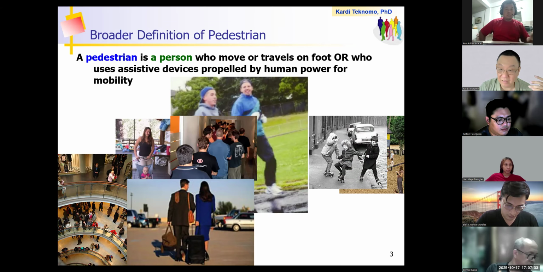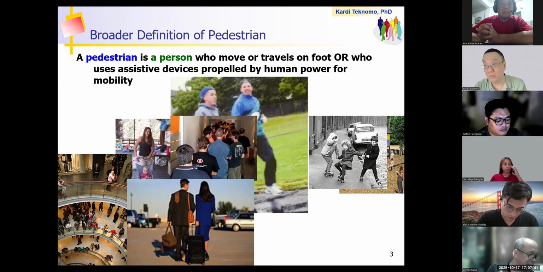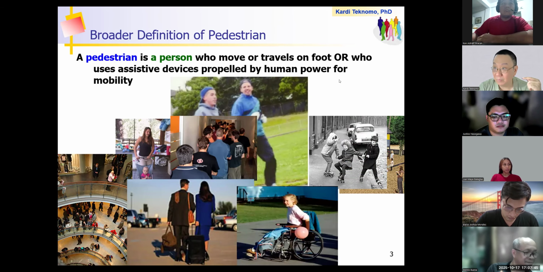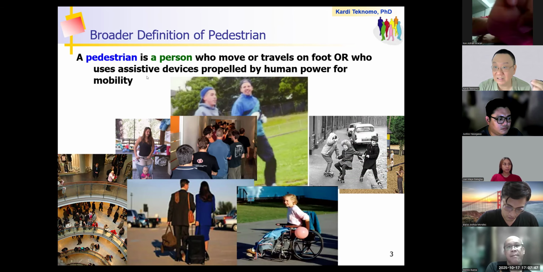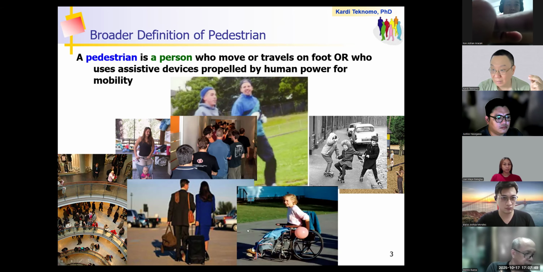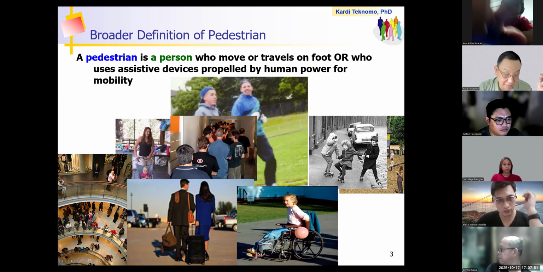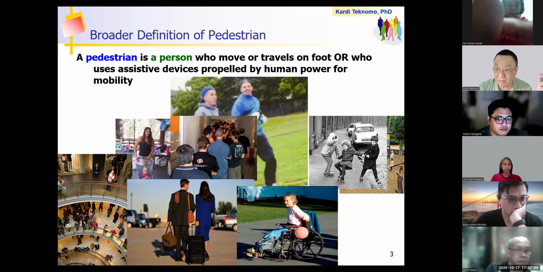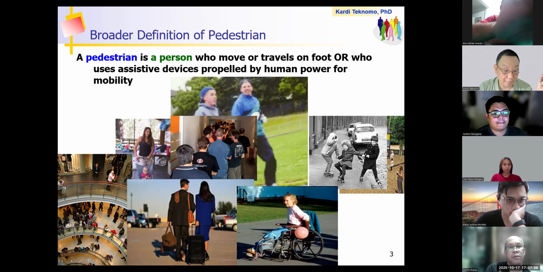So when we discuss pedestrians, that will include everything, any person who moves or travels on foot, because we define it including assistive devices. That means people with disabilities, with a wheelchair, are also included as pedestrians. Can you see that?